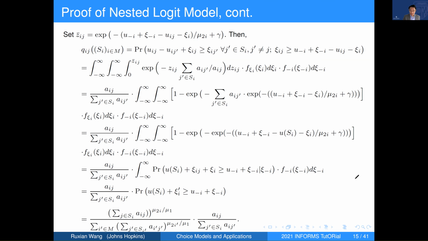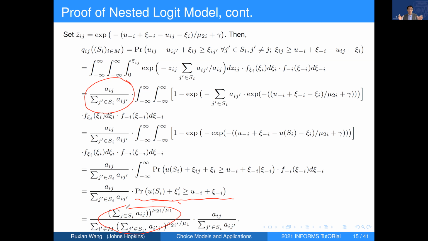First, we get the choice probability within a nest i. This is the choice probability for any item j in nest i, and then we can get the choice probability for nest i, which is this part, right? You can see this is how we get the choice probability in closed form for the nested logit choice model.